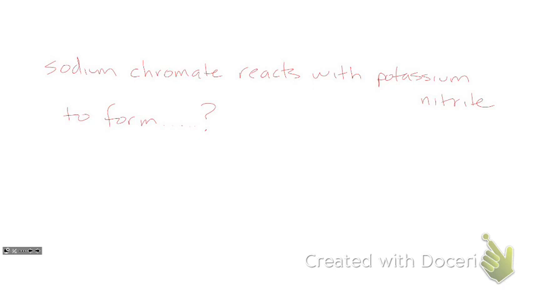So, sodium chromate. We should know, well, sodium is Na, and it is in group 1, so it always has a charge of +1. Okay? And then chromate is a polyatomic ion.